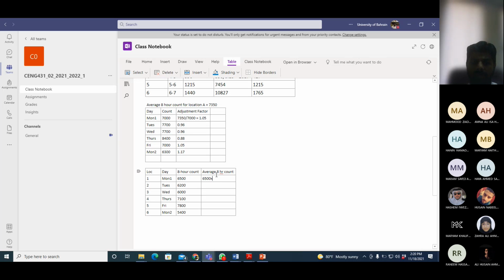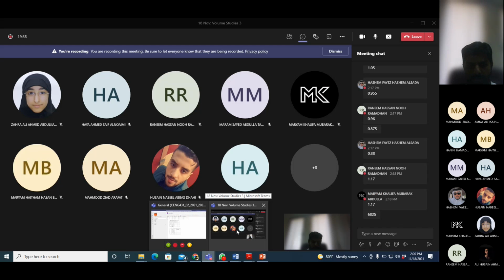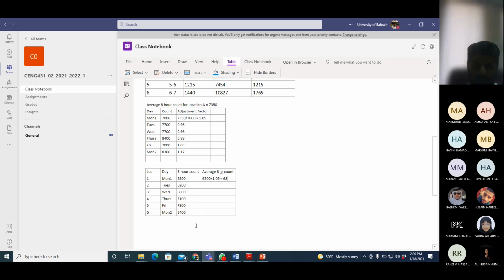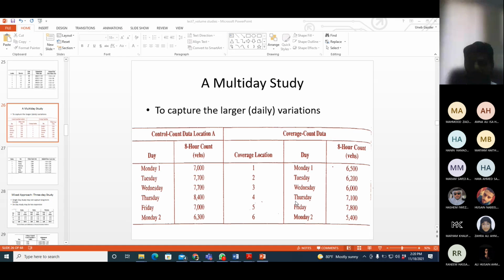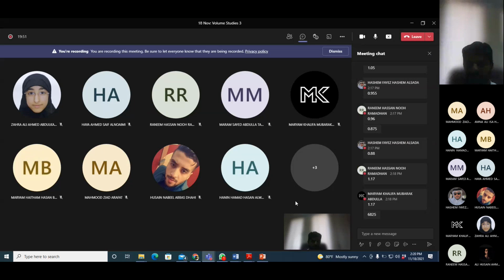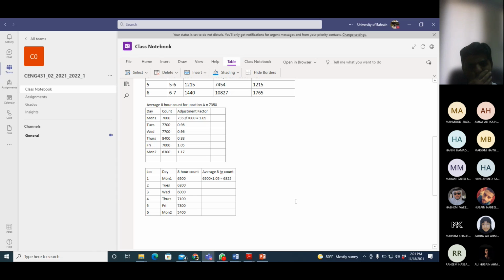500 multiplied with the factor of the first Monday. How much is this? 6,825. Next, you take this value and multiply with the factor of Tuesday. Wednesday, factor is the same.